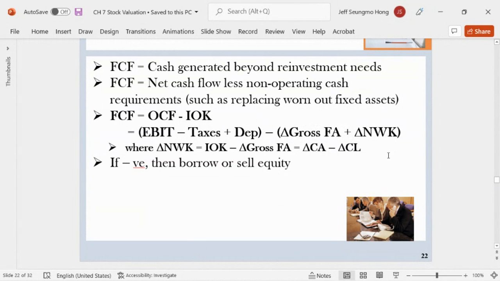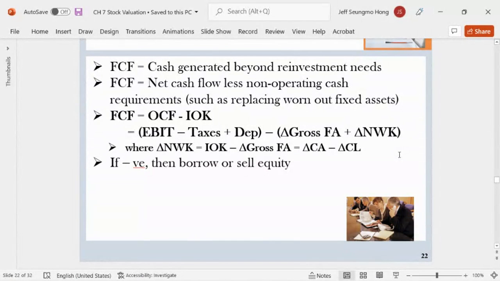Now that means if there's any change in physical assets, if you need to invest more in the physical assets, where does the money come from? It has to come from the operating cash flow.